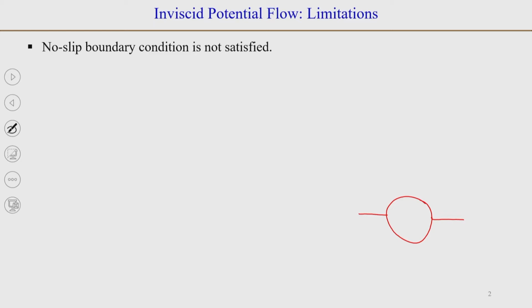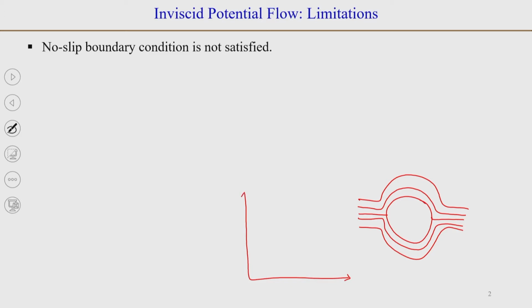When you analyze potential flow, say around a circular cylinder, a cylinder which has a circular cross section, the streamlines are symmetric, and if you plot the pressure, that will be say Cp, which is P minus P infinity by rho u infinity squared.